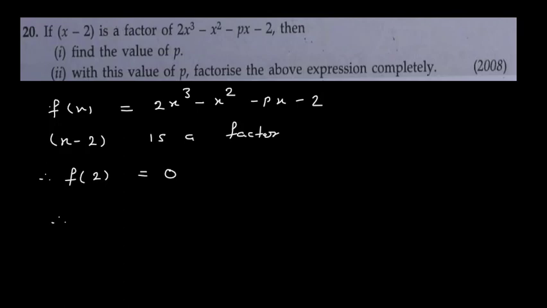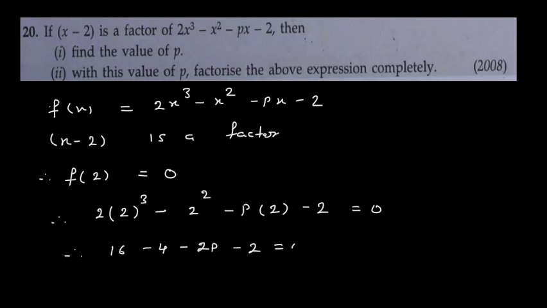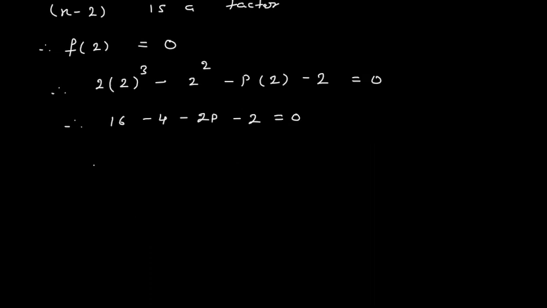Therefore f of 2 means 2 into 2 cube minus 2 square minus p into 2 minus 2 equals 0. So 2 times 8 is 16, minus 4, minus 2p, minus 2 equals 0. 16 minus 4 is 12, and 12 minus 2 is 10. So 10 minus 2p equals 0. Therefore 2p is 10 and the value of p is 5.